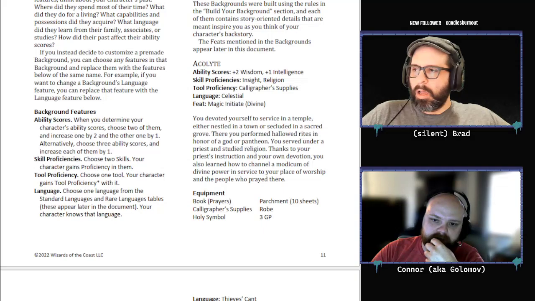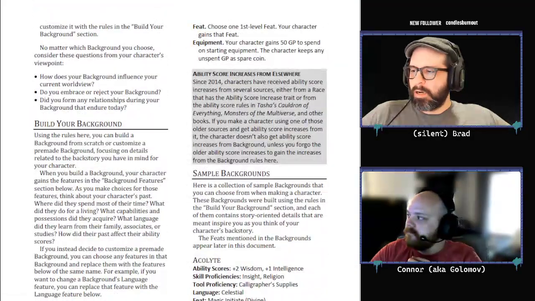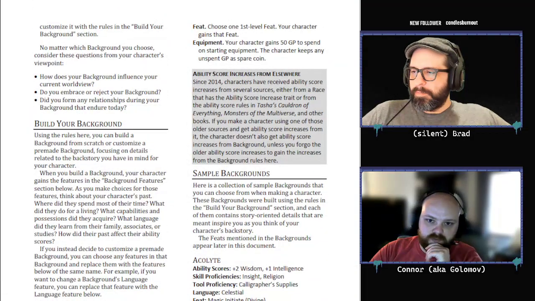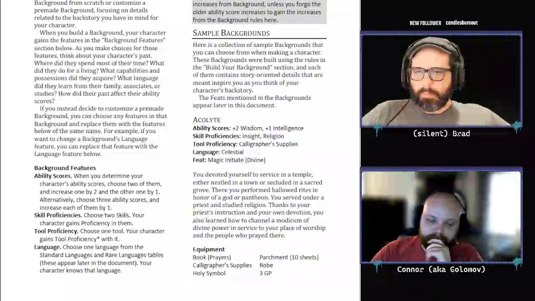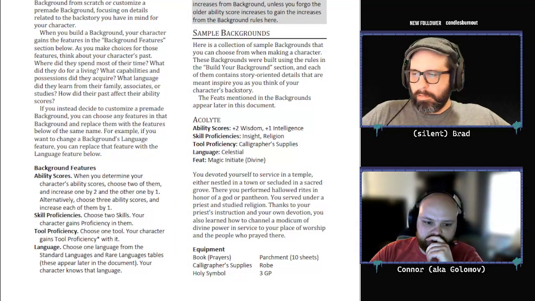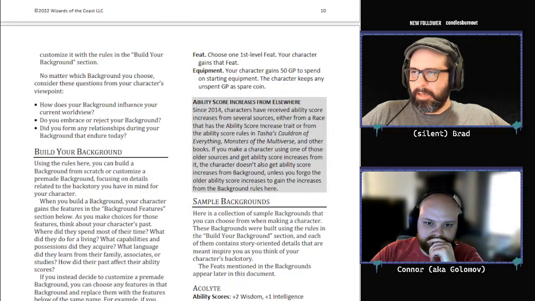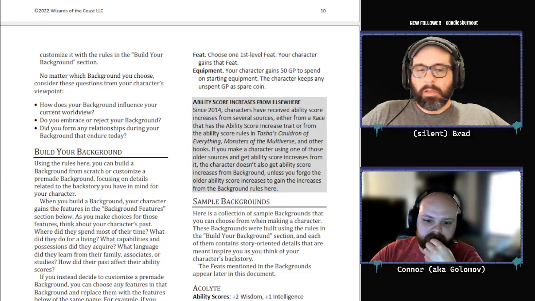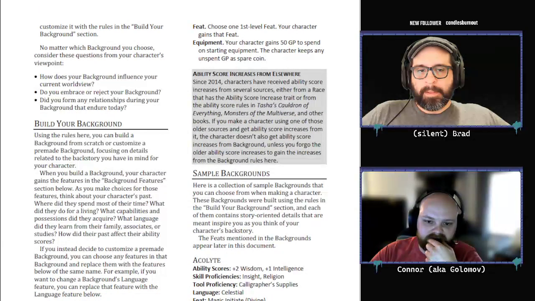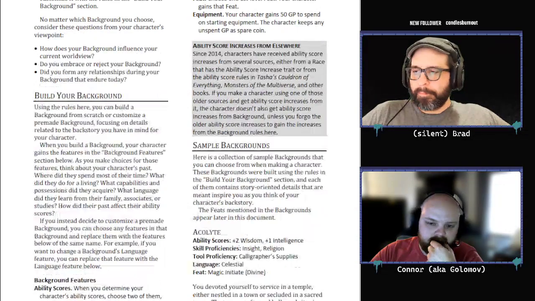Plus 2 to one ASI, plus 1 to another ASI, 2 skill proficiencies, a tool proficiency, a language, and a feat. And then equipment. I always looked at equipment differently, but I guess they included equipment.